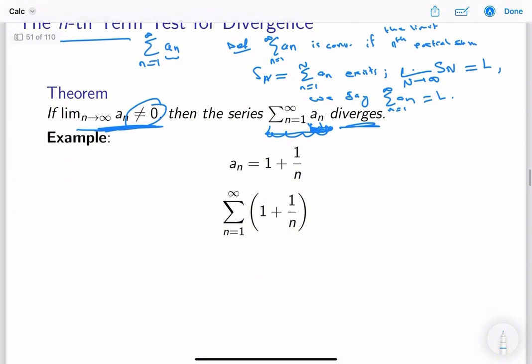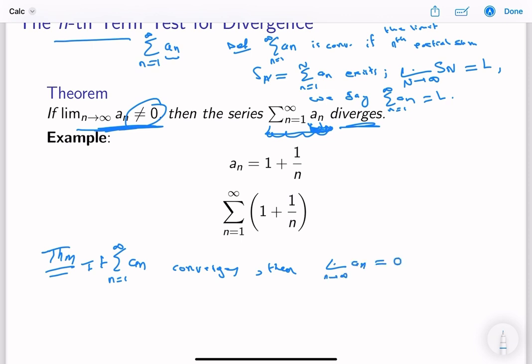Before I give you an example, let me just state the theorem in two different ways. The first way is that if the sum of a_n from n equals 1 to infinity converges, then the limit of a_n as n tends to infinity is equal to 0.